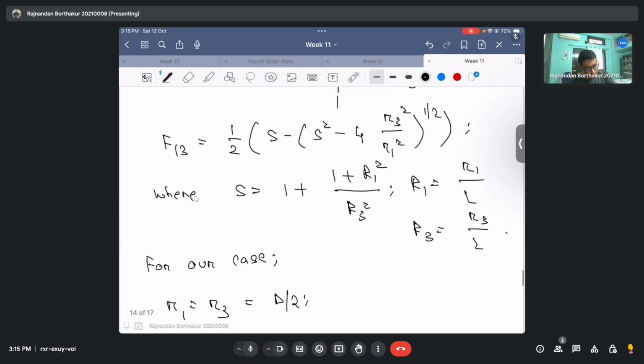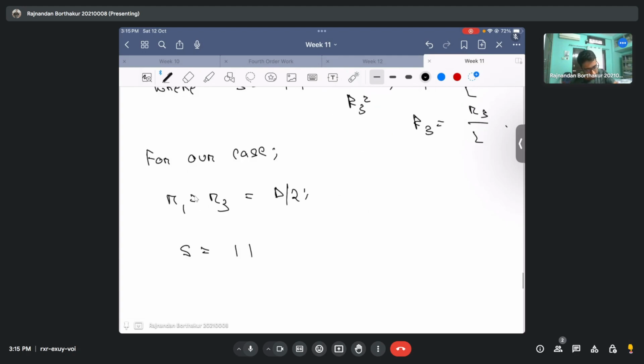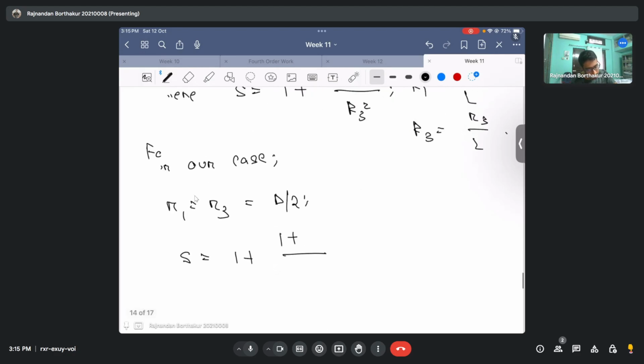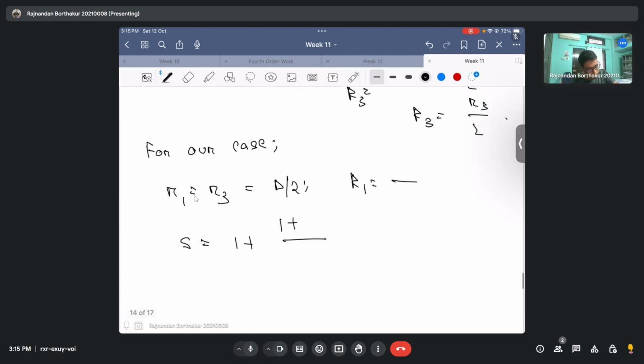The number S that I wrote here becomes 1 plus R1 square by R3 square. But we know that my capital R1 is equal to R1 by L, and my R1 is nothing but d by 2 and my L is nothing but d, which means that my capital R1 is just equal to half.